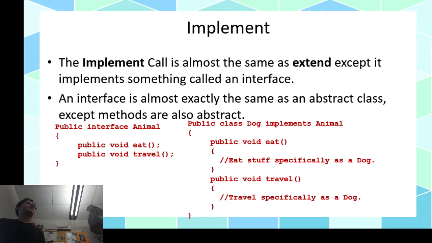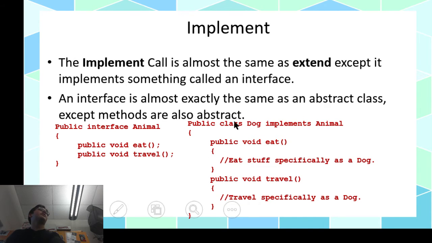So here we have the animal interface, and it has two methods that are completely blank, just eat and travel. Sorry, this is the interface. And then over here we have class Dog, which implements Animal. So it implements that Animal interface.